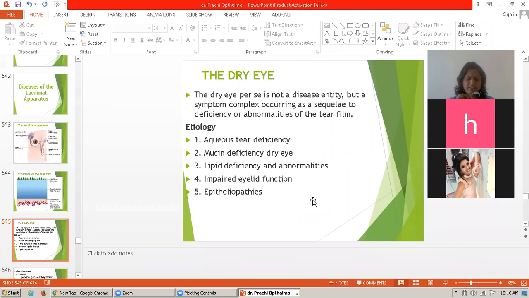When we study the abnormalities of the lacrimal gland, firstly there is excessive tear secretion, due to reflex stimulation of the main lacrimal gland, which results in excessive tear secretion.